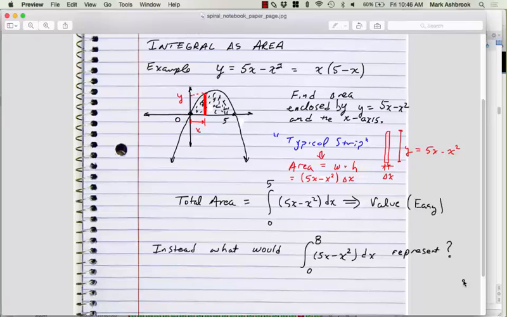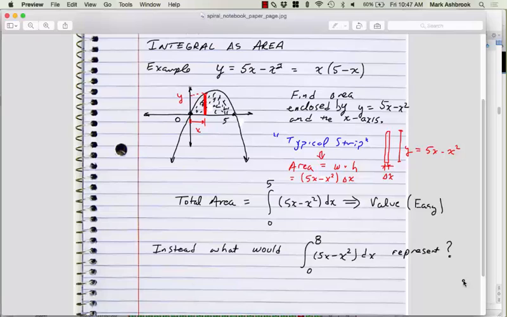So like the area above the curve that's bounded by the x-axis, between y equals 5x minus x squared and the x-axis, minus what's below the x-axis from 5 to 8. So the net of that.